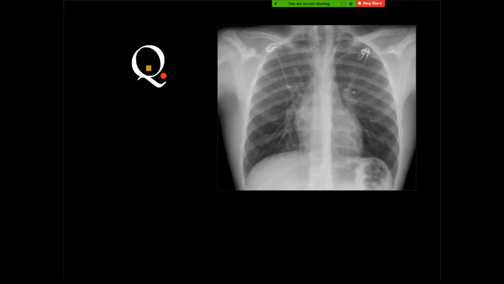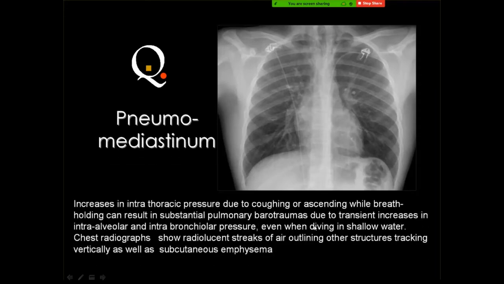Surgical emphysema. Where? In the neck, beside the trachea, double trachea sign. Very good. Whenever you see these lines of air in the neck, you always think of pneumomediastinum.